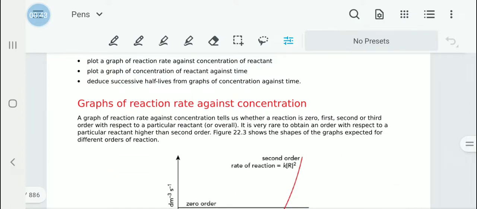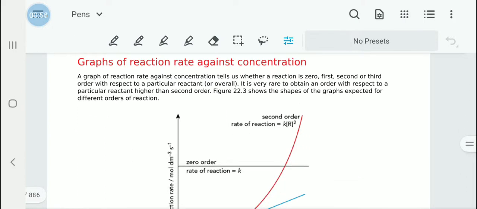Now what we can do is first consider the first one, that is the graphs of reaction rate against concentration of the reactant.